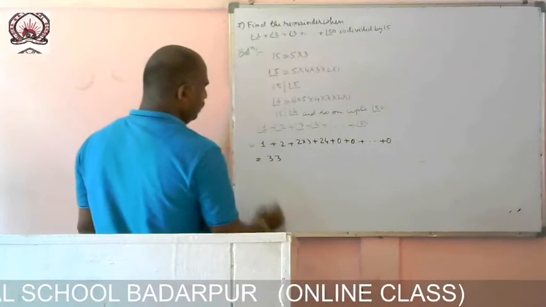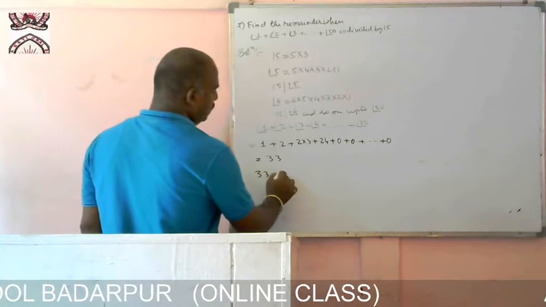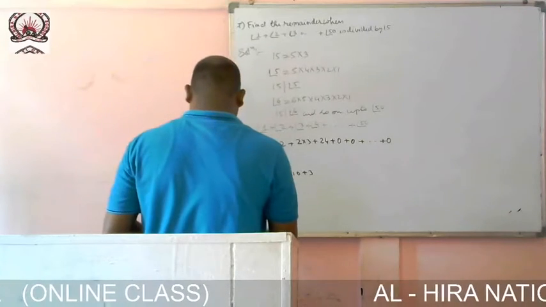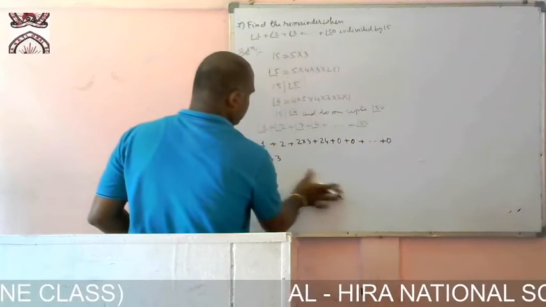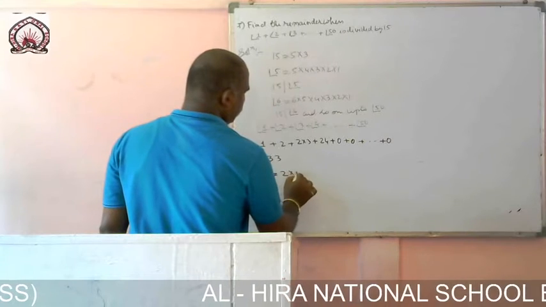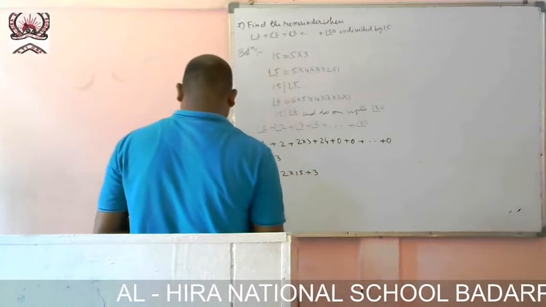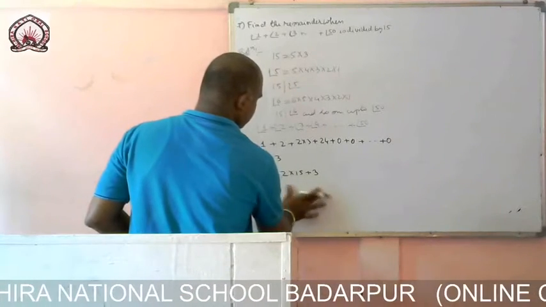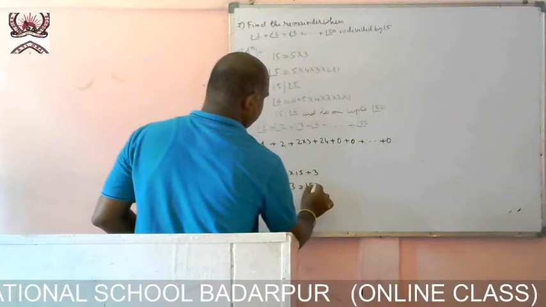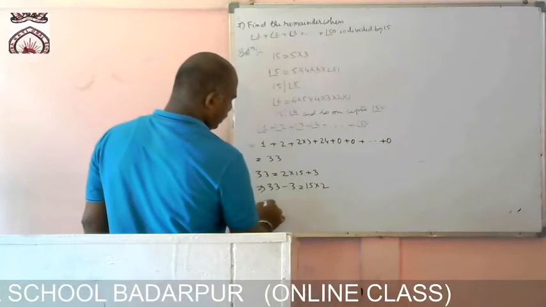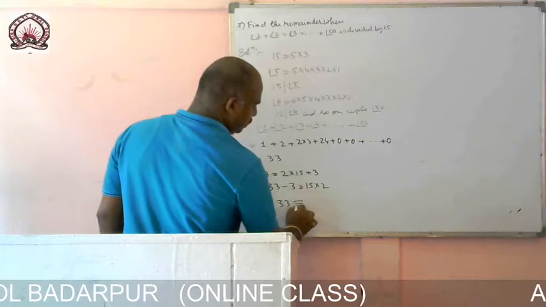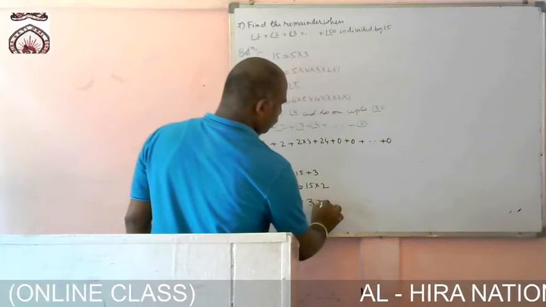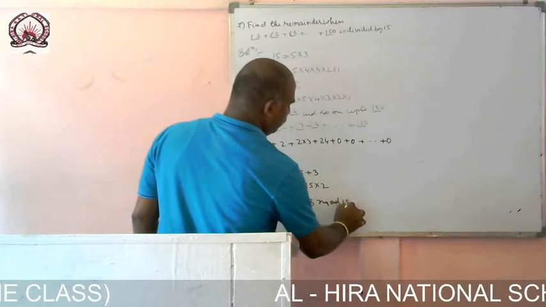Yes or no? Now 33 is nothing but 2 into 15 plus 3. So 33 minus 3 equals 15 into 2, which implies 33 is congruent to 3 mod 15.